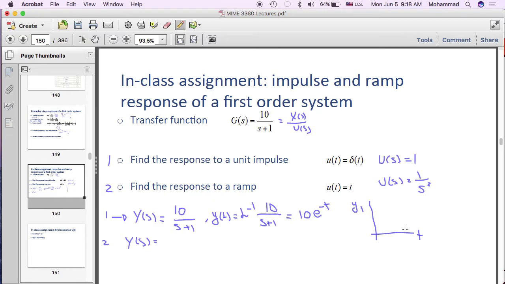E to power 0 is 1. So value of this function at time 0 is 10. As time goes on, what will happen to this function? It just goes to 0. So this is an impulse response, which means it's equivalent to having some initial condition in the system. So that's exponential decay.